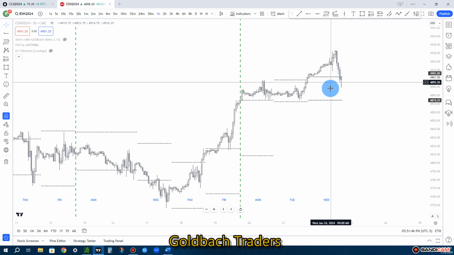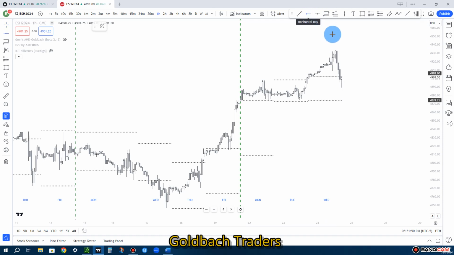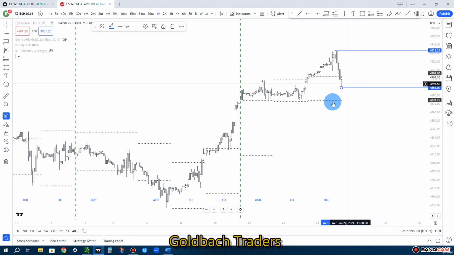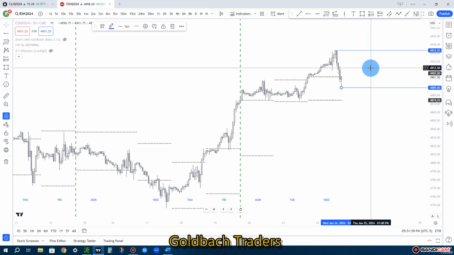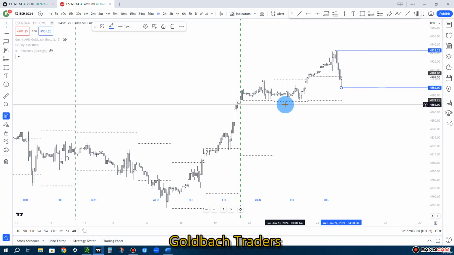So tomorrow when I come in here, there'll be a line up here and a line down here, dotted lines. So I wouldn't be surprised if we came up here, tested something in this area, and then came all the way back down to test these lows.